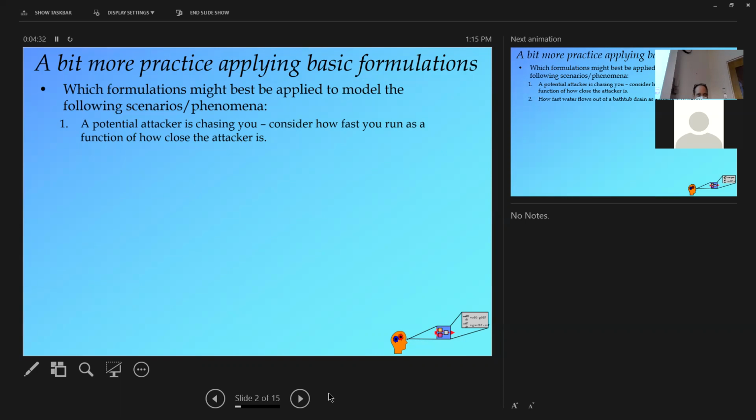Two ways of thinking about it. Talk through the formulations we've worked on and see which ones seem to fit.